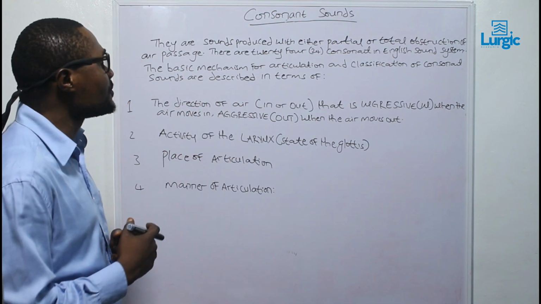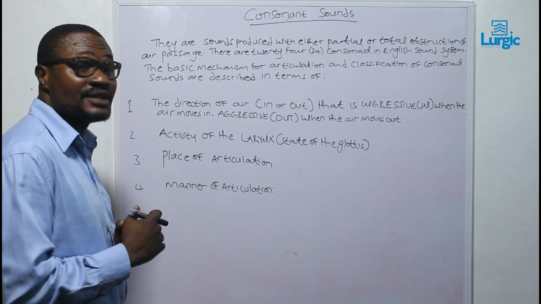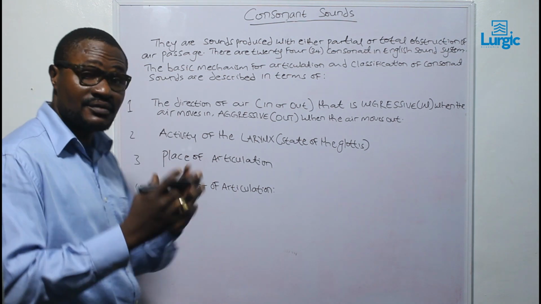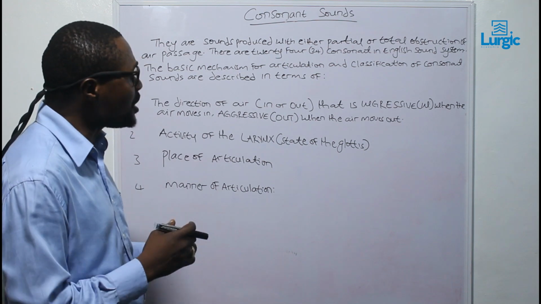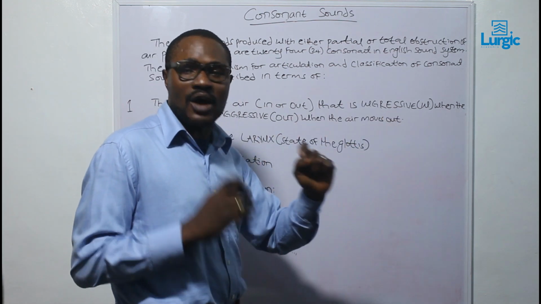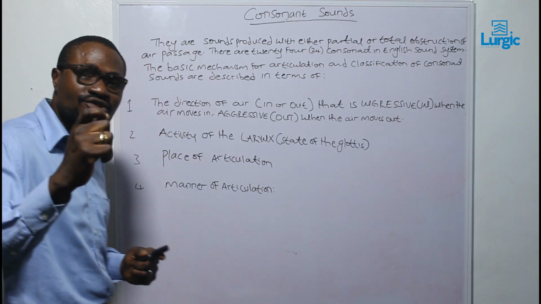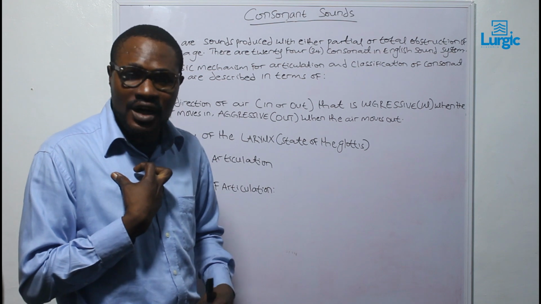The basic mechanism for articulation and classification of consonant sounds are described in terms of, one, the direction of the air, meaning the inflow or the outflow of the air, which could be ingressive. When we talk about ingressive sounds, we're talking about sounds that involve sucking in of the air.